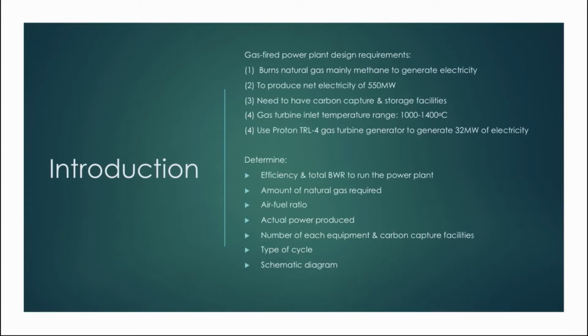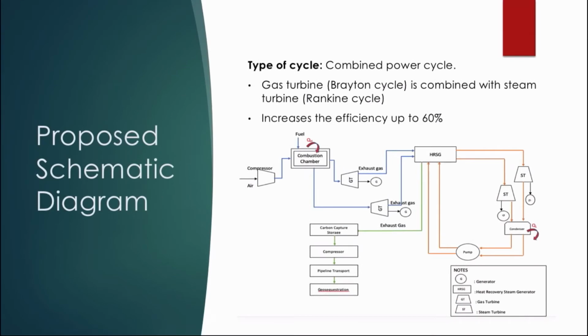In this project, we will be able to determine the efficiency and the total backwork ratio to run the power plant. Besides that, we can also determine the amount of natural gas required, air-fuel ratio, and also the actual power produced. Next, we will also be able to calculate the number of equipment and also figure out the type of cycle and also the schematic diagram.